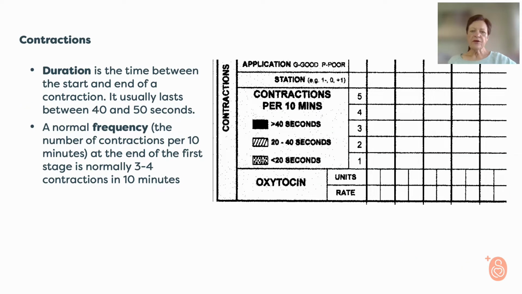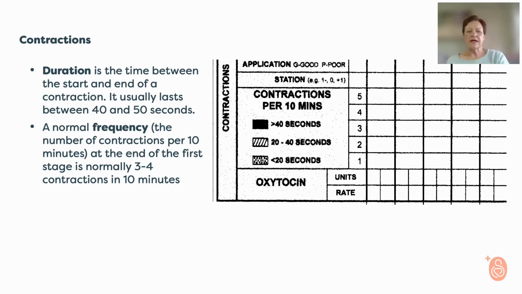Now, when we look at the contractions, and this is the part where the contractions are being recorded on the partograph, enlarged, we look at two aspects of the contractions. We first of all look at the duration of the contractions, and we look at the normal frequency of the contractions.